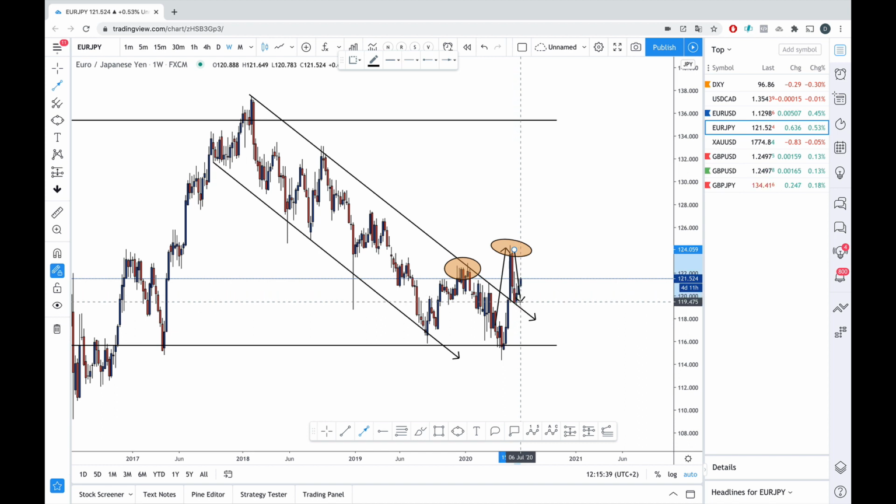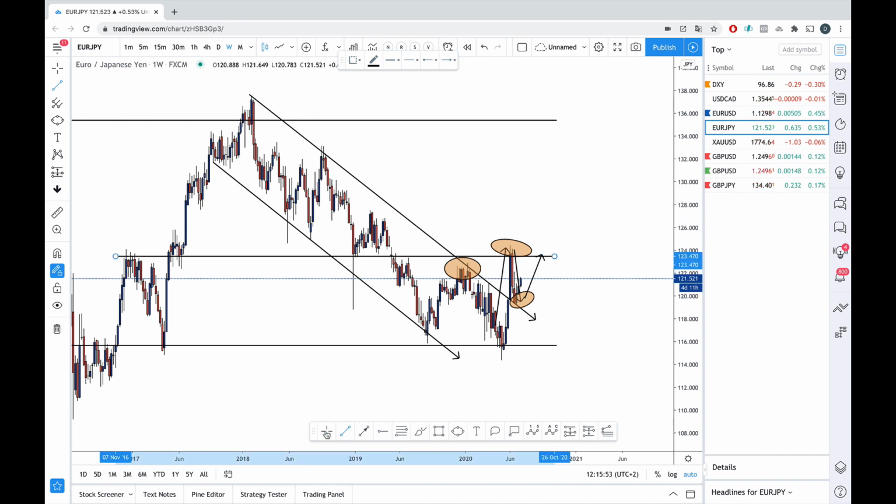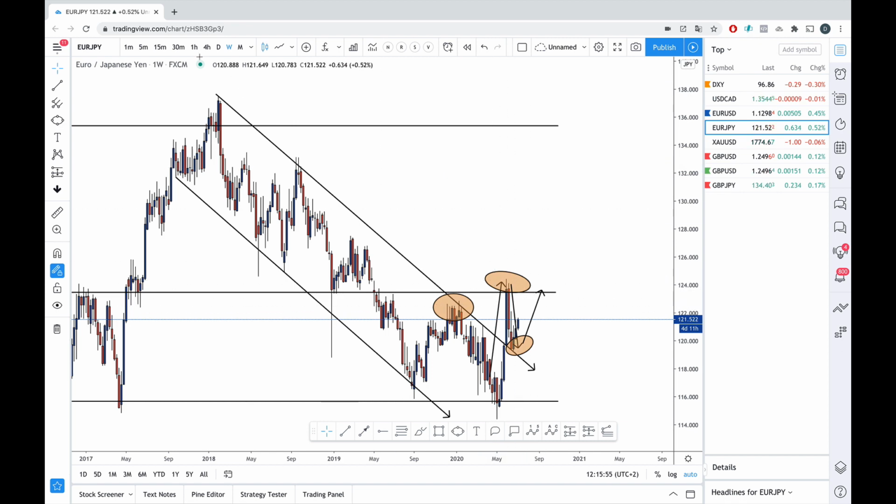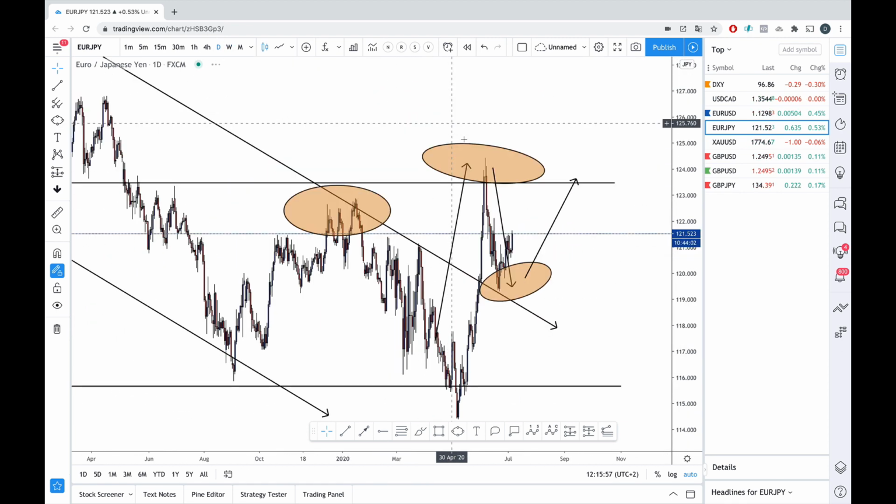Then it went down, made this retest move at the trend line, and we're about to see price going up at least to this weekly support resistance here. Okay, so this is what I'm looking currently at, that we are going to hit this support resistance.